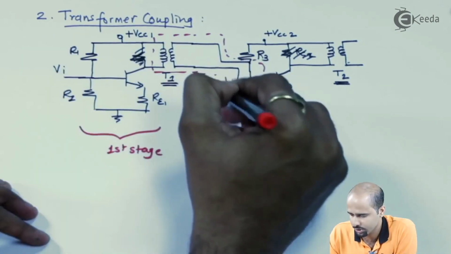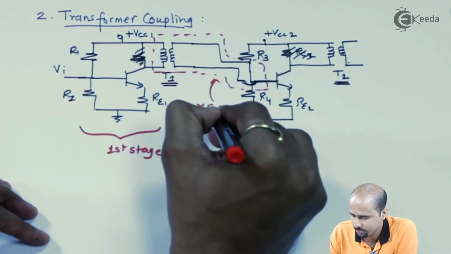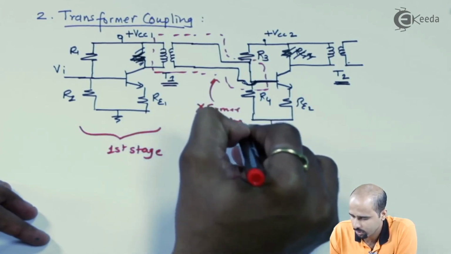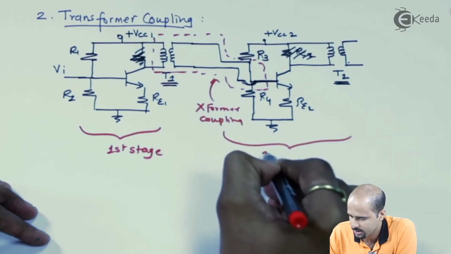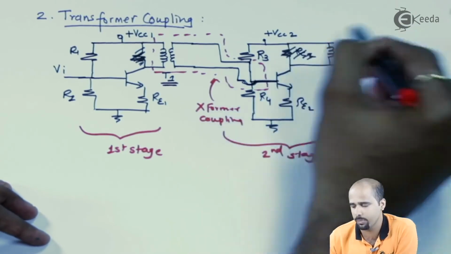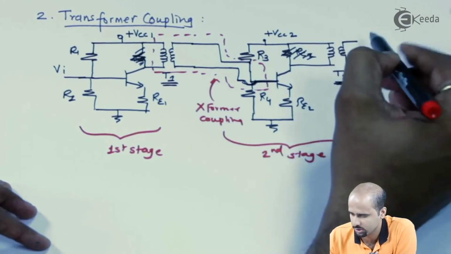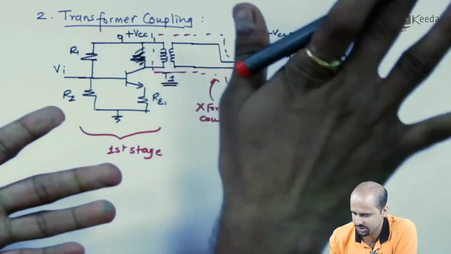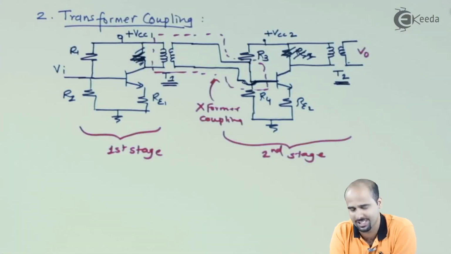This is your transformer coupling, and this is your usual second stage. As I have connected the transformer at the second stage, this will be your output, and more or less this output can also be connected to the input of the third stage and so on. So this is the fundamental of your transformer coupling.